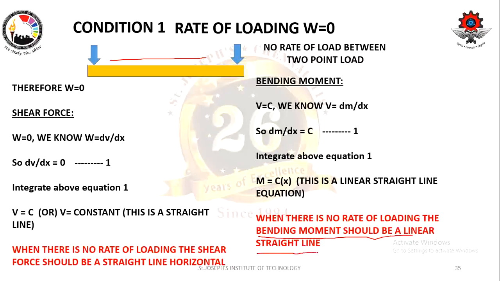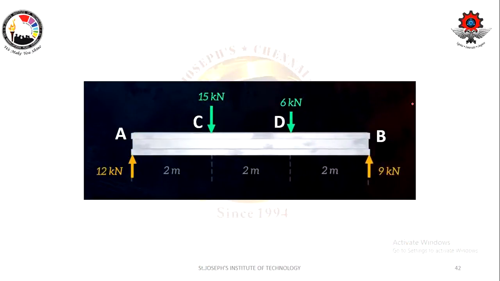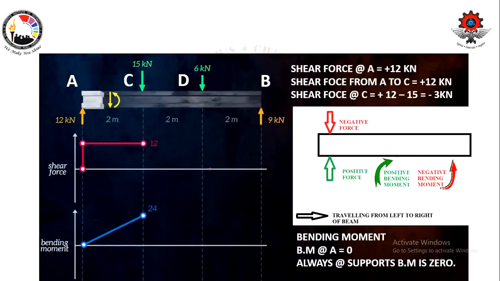Linear straight line in the sense it is an inclined line, right? Hope you remember that. That's why we have drawn an inclined line. No rate of loading between these 2 points A and C. We have 1 point load. So we are drawing an inclined line. I hope it is clear.